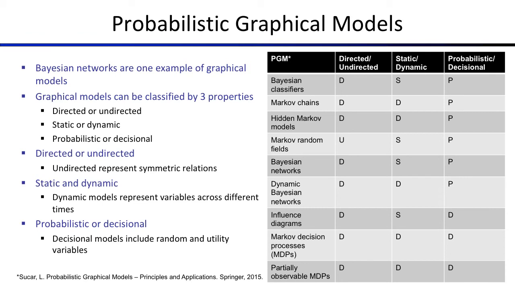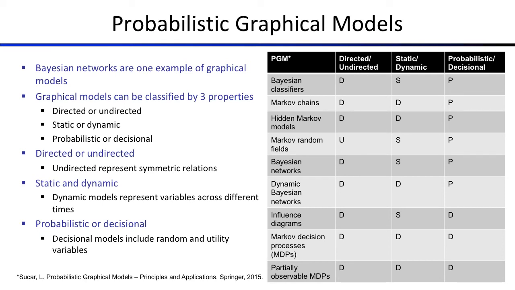All right, so we are getting towards the end of this introductory lecture. I just want to show you a few probabilistic graphical models that I'm going to study during this course. In this table here, we have separated the graphical models according to three different dimensions. One is if the graph is directed or undirected.